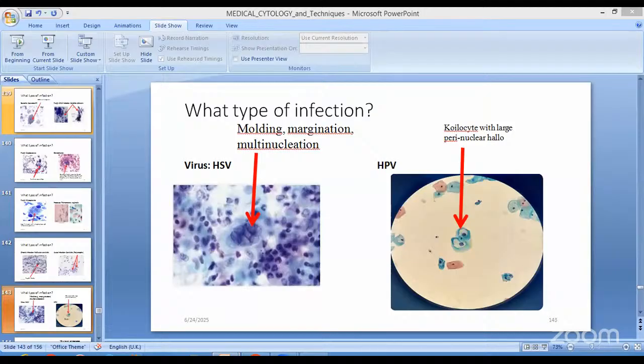If it is not HSV, it could be HPV, human papilloma virus. The cytopathic effect is what is seen in this slide. Koilocytes, squamous cell with a large nuclear halo, and of course granular nucleus. So it typifies viral infection.